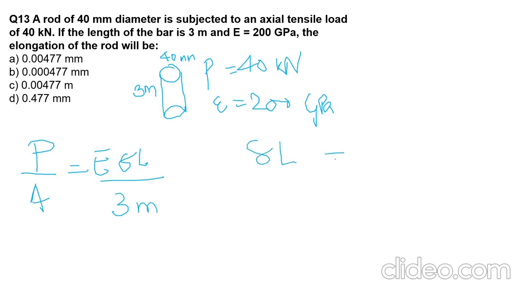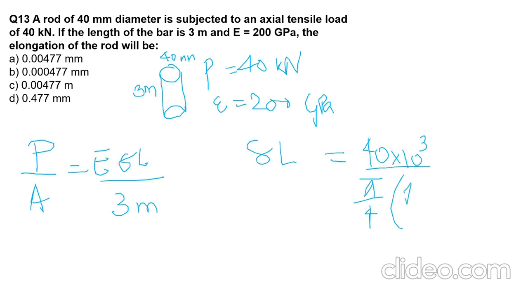That will be equal to your force, that is 40 kilonewtons. So 40 multiplied by 10 to the power 3, divided by the area. What would be the area in this case? Because it is a rod, we will have a circular surface subjected to tensile load. So we will have pi by 4 of area.